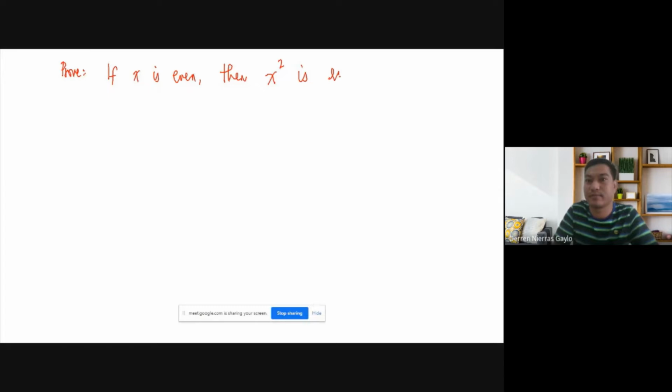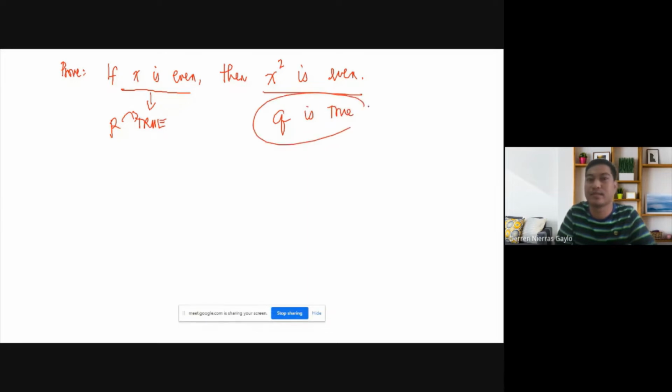So how do we prove it? We need to assume that our if statement is true. This is the P. The P must be true, and then prove that the Q is also true.